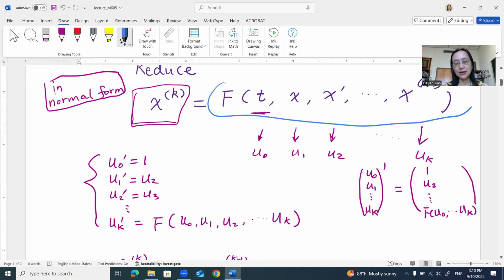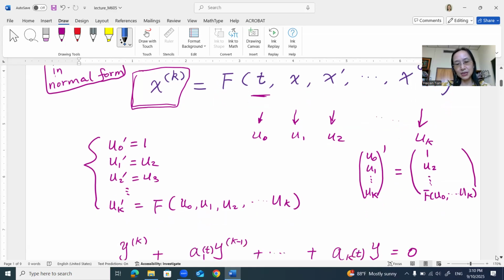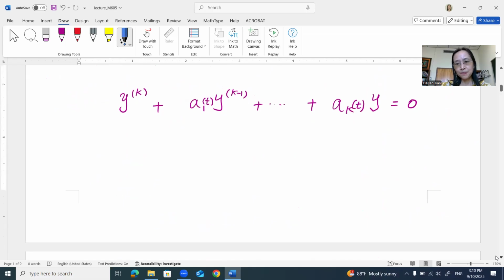It will be explicitly all these terms, so you can think of this specific case when you have a kth order equation such as this one. If you apply our previous method, you can, if you want, write it into the normal equation form.